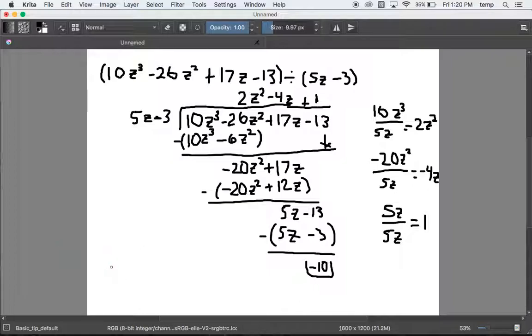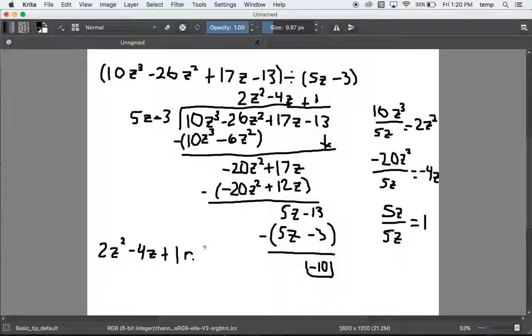So for our final answer, we'll have 2z squared minus 4z plus 1, right? So that's this chunk up here. That's how many times it fits in. But then there's a little remainder at the end. And so for your remainder, you take whatever your remainder is.